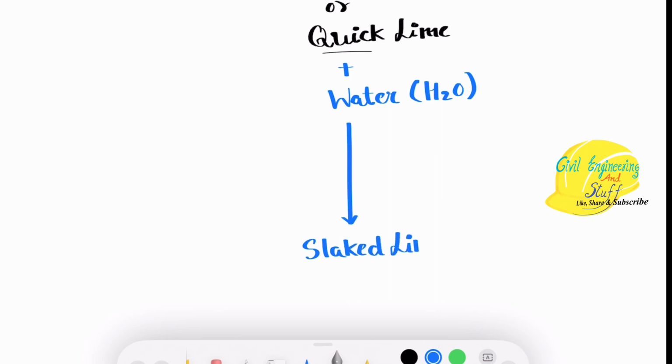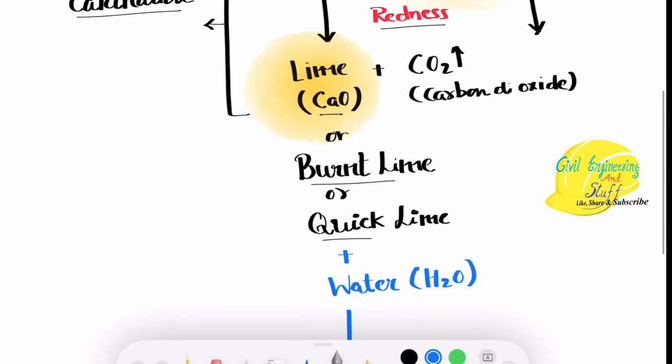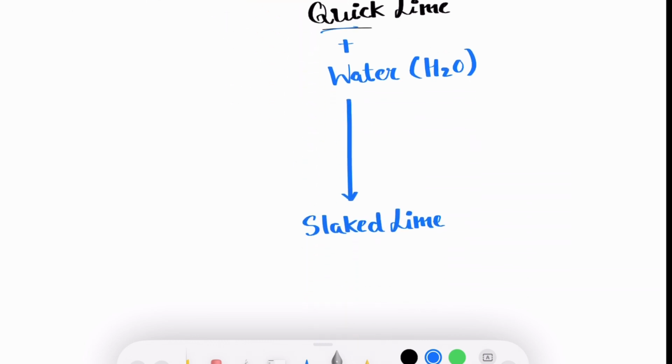The lime that we get after we add water to the burnt lime or quicklime is what we call the slaked lime, and the chemical formula is Ca(OH)2. It's a very exothermic reaction. A lot of heat is evolved.